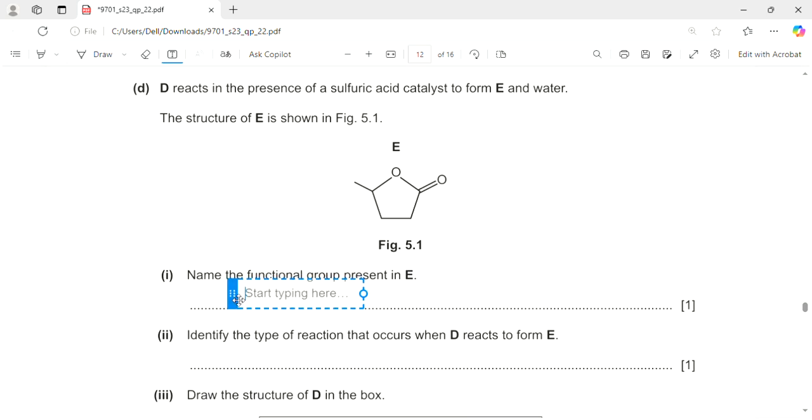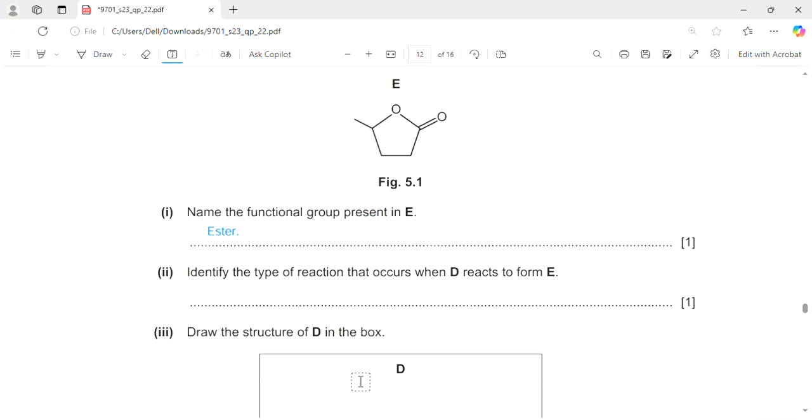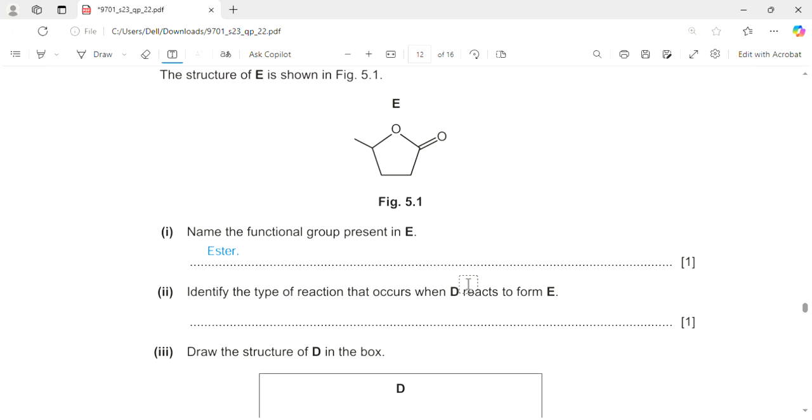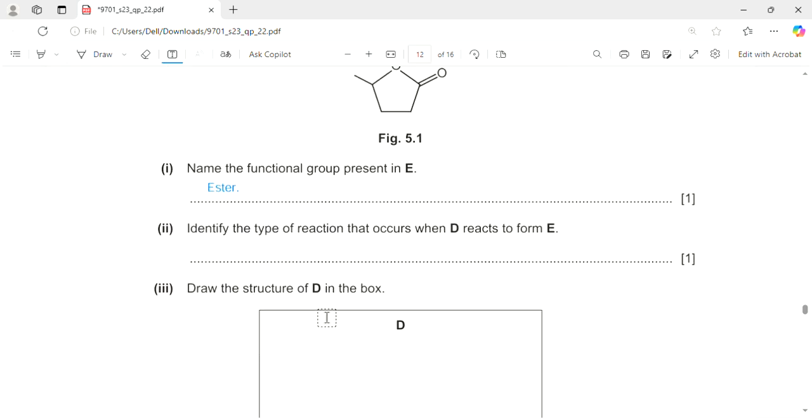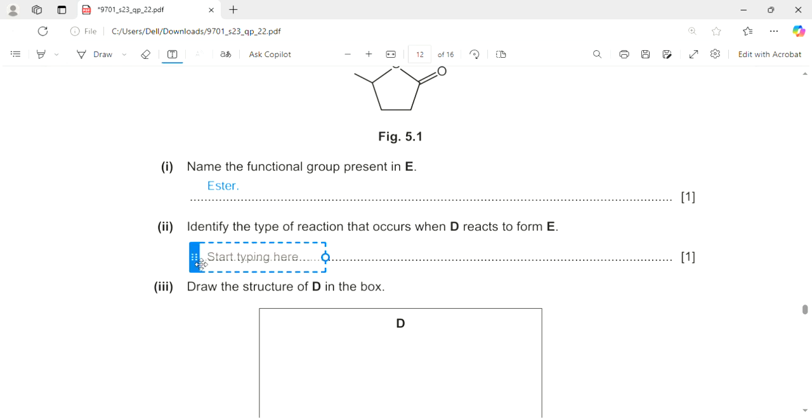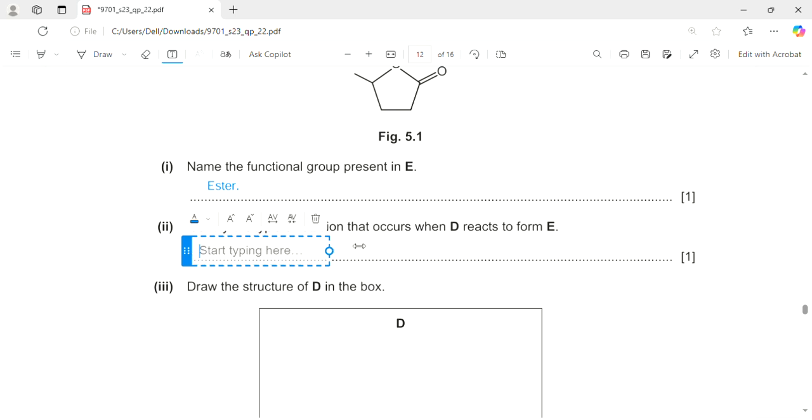It's a very basic question of organic chemistry. It means ester. Identify the type of reaction that occurs when D reacts to form E. Esters form by a condensation reaction. Condensation reaction.